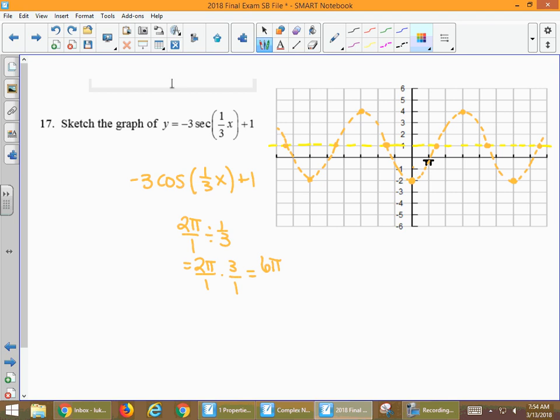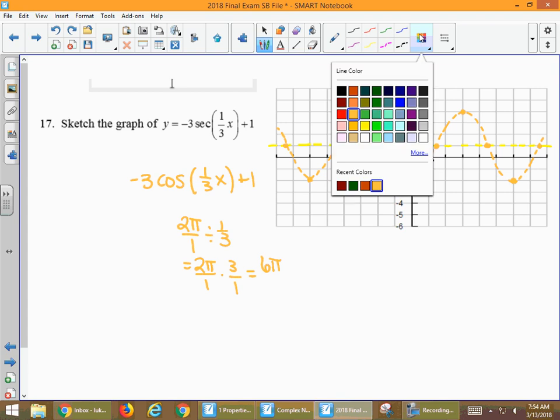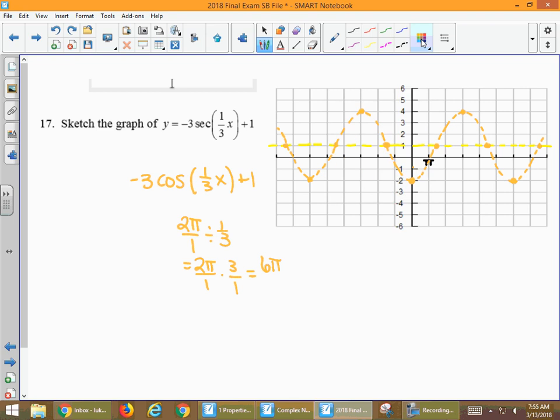Great, and now I'm going to put my asymptotes in. So my asymptotes for my secant function are going to happen where my cosine graph crosses the midline. So not where my cosine graph crosses the x-axis.